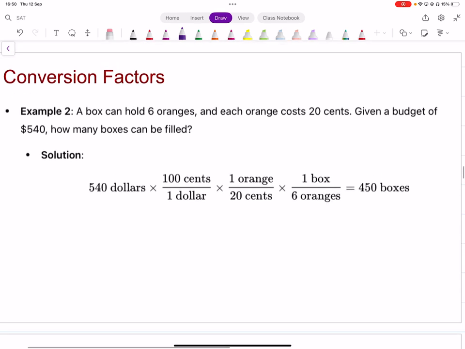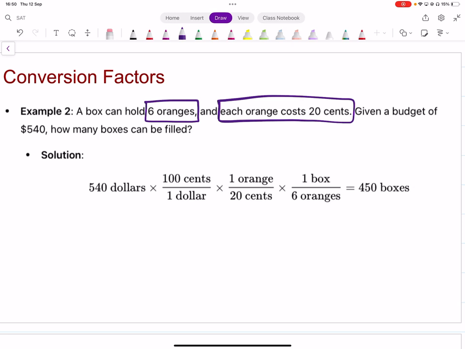This is another example where you can use conversion factors. There's a box that can hold 6 oranges. One box, it can hold 6 oranges. One box to 6 oranges, that's one conversion factor that we have. Each orange costs 20 cents.